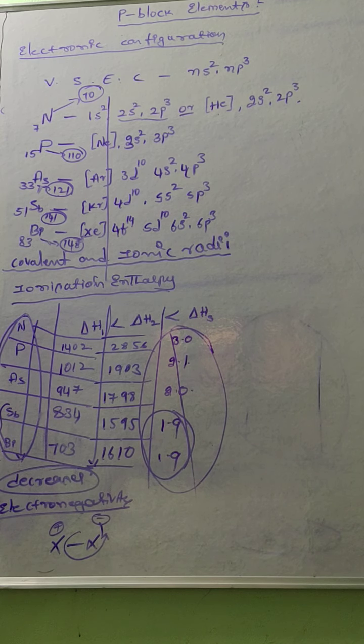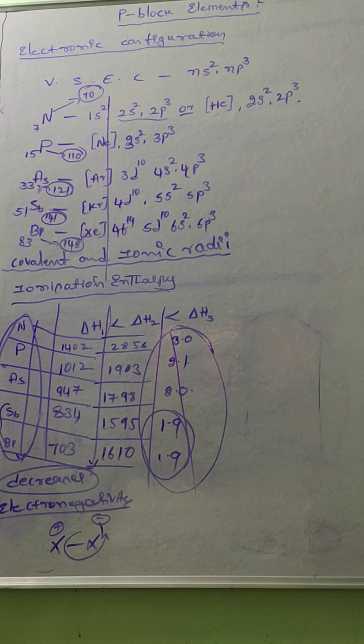After the completion of these properties, next we go to the physical properties. Any doubts on this class? One is atomic and ionic or covalent radii, one more is electronic configuration, then ionization enthalpy, and electronegativity.